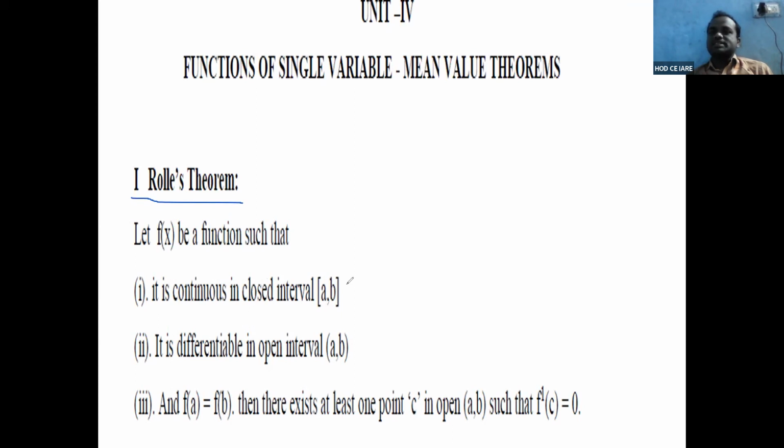And the second condition, it is differentiable: f dash of x is defined in the open interval of a comma b. And f of a is equal to f of b, it is existing, so it's satisfying the Rolle's theorem. Otherwise, if any one is breaking, we cannot define it as Rolle's theorem.